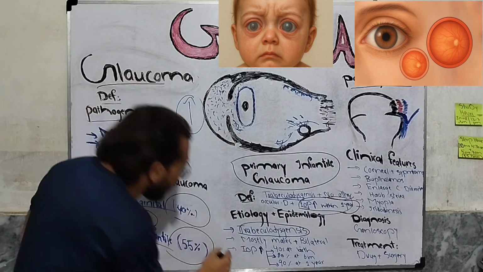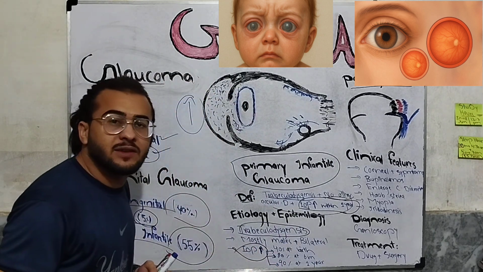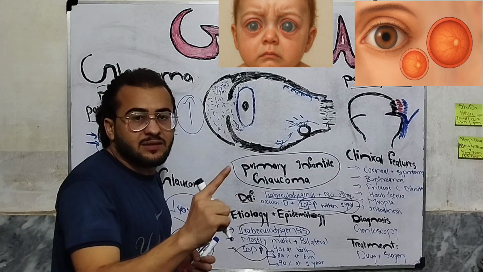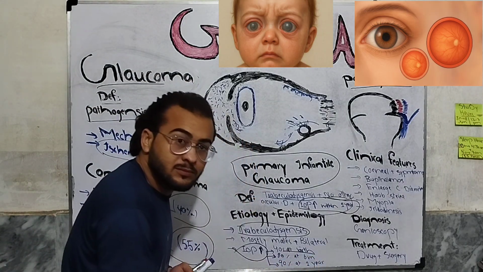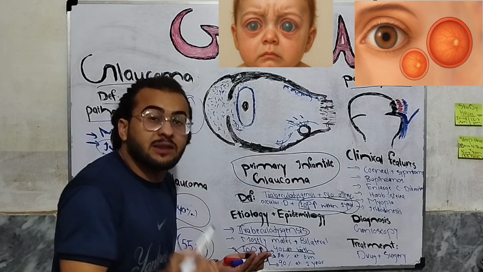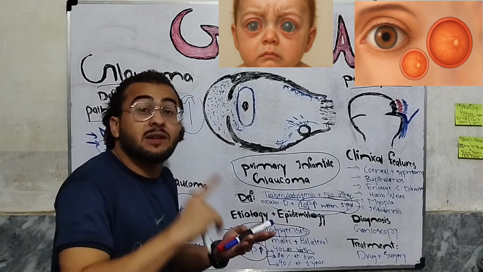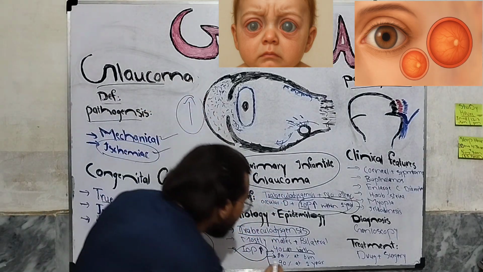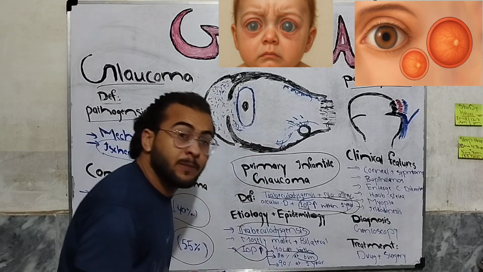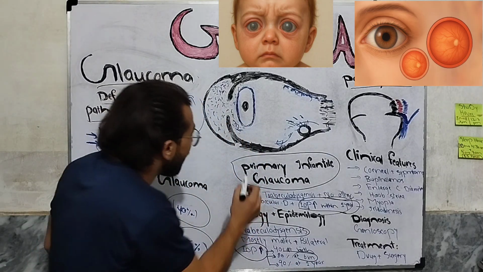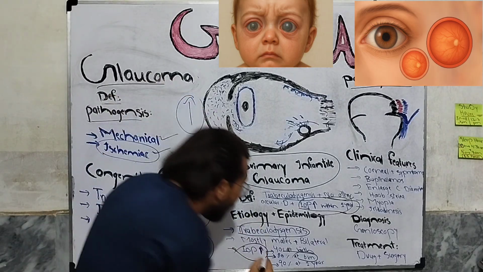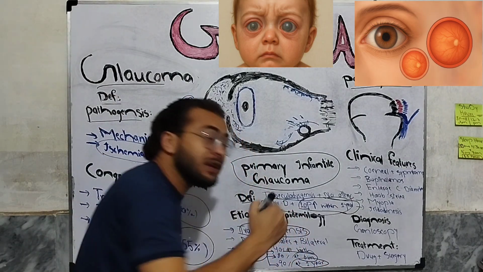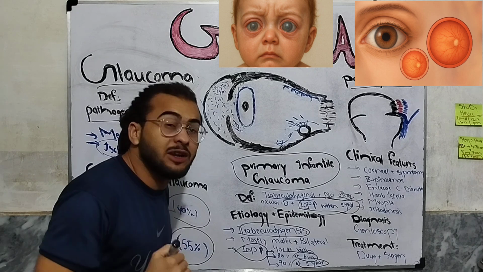The IOP elevation pattern is that in 40% of cases the intraocular pressure is elevated at birth. In 80% of cases the intraocular pressure elevates within 6 months of birth, and in 90% of cases of primary infantile glaucoma the intraocular pressure elevates within the first year of birth.